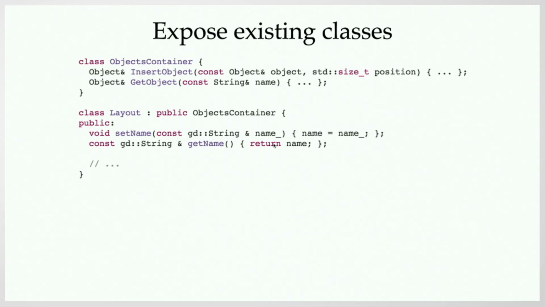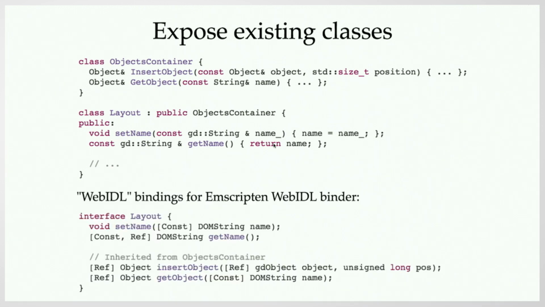And to expose it to WebAssembly, we have to create bindings. So I use this language called WebIDL, which is a way to describe the interface of your classes so that you can use this WebIDL binder, which is provided by Emscripten. And this will create all the glue code that you put between the JavaScript and the WebAssembly module.